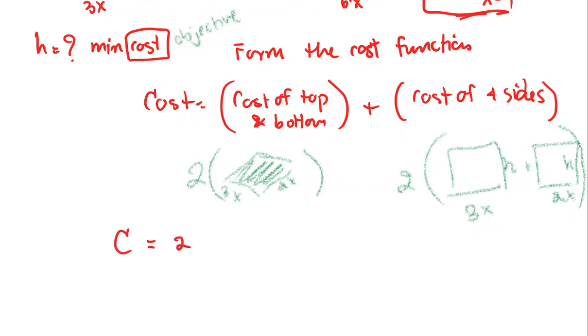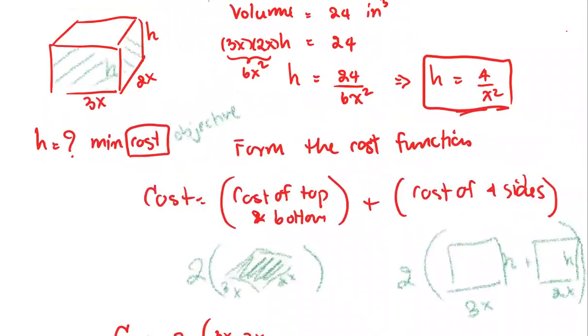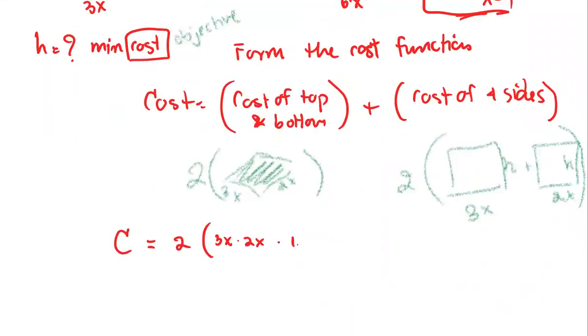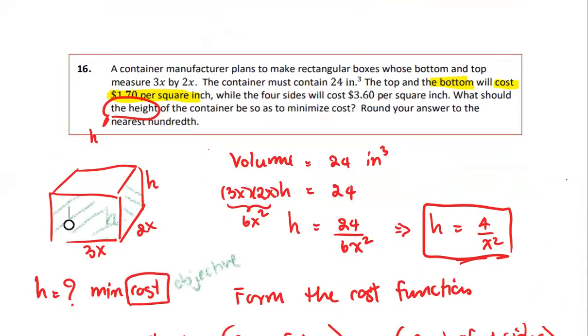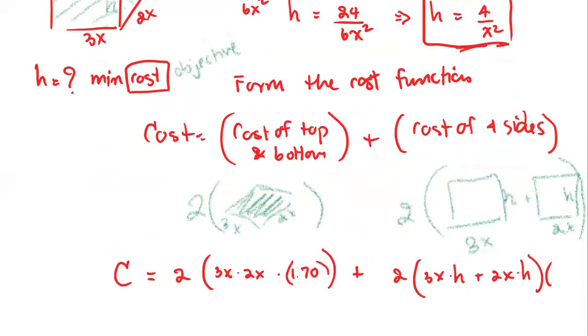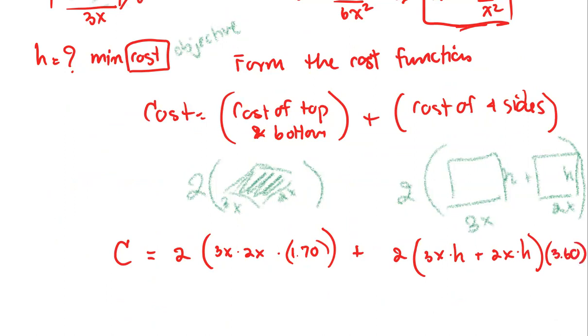So the cost is 2 times the 3x by 2x, and the cost of this is $1.70. And then for the sides, we have 2 of the 3x by h and 2 of the 2x by h, and the cost for the sides is $3.60.